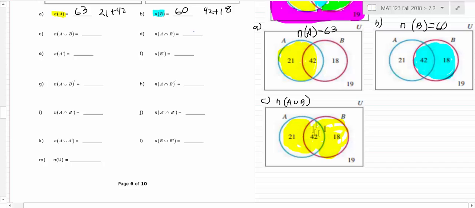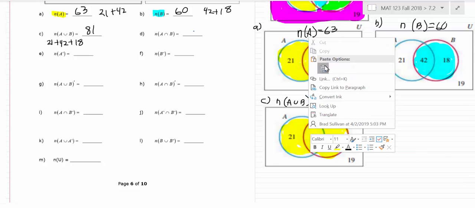The union is represented by that. It's everything except the 19. So we would just do 21 plus 42 plus 18. I think that is 81, so there are 81 elements in that set. That's what we would say.